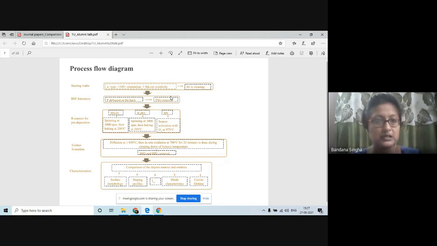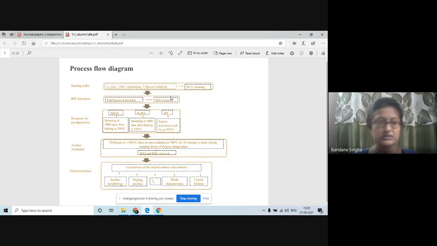Again, the spinning technique is the same, but here we need to make the surface hydrophilic first, and then do the spinning. For the boron nitride source, we first activate the dopant source at 975 degrees Celsius, and then after ramping down to 700 degrees Celsius, we insert the samples and carry out the diffusion at temperatures higher than 850 degrees Celsius. This is how the emitter is formed.